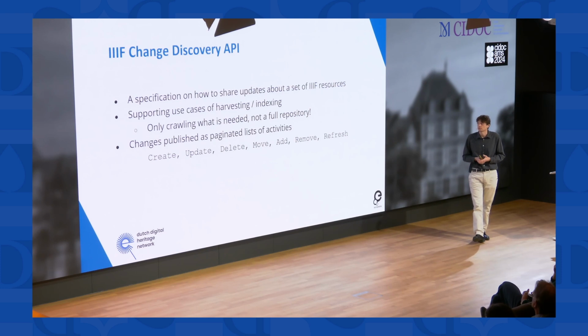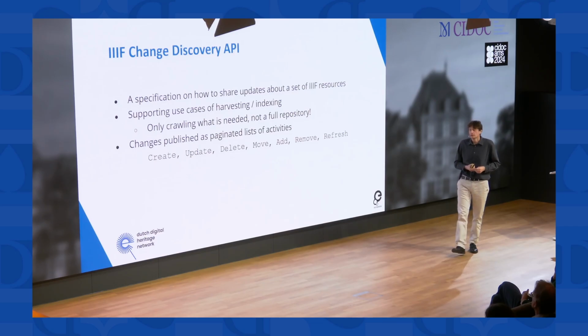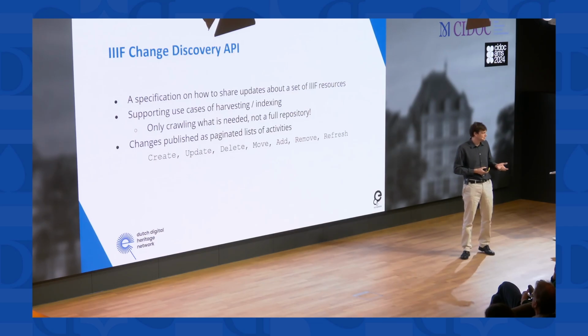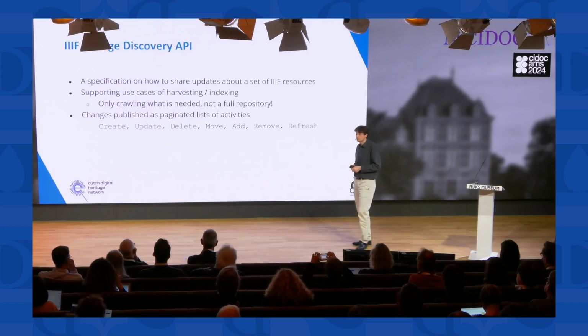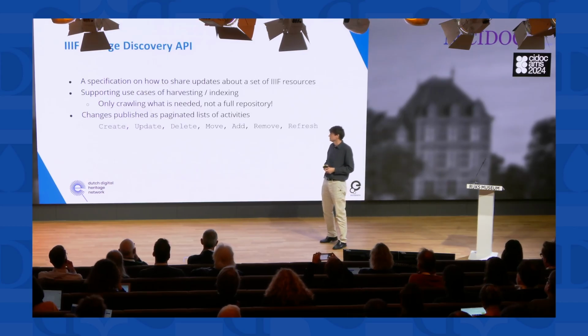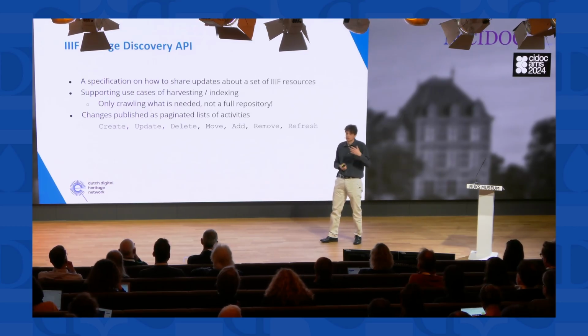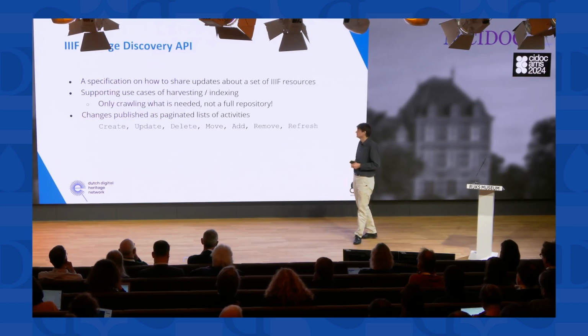And IIIF is not only about this. There are also some other APIs I've mentioned. One of them is called the Change Discovery API, and it's a specification to share updates about IIIF resources, especially for supporting cases of harvesting and indexing what has been harvested.